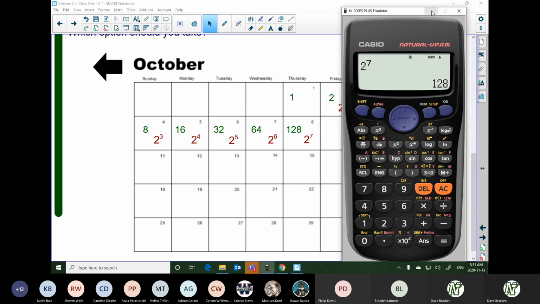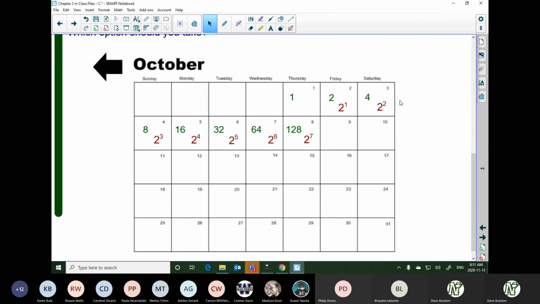So, that being said, I want you to look at this calendar, and I want you to look at the following. There is a relationship between the following. So let me get my highlighter here. There is a relationship between the day of the month.